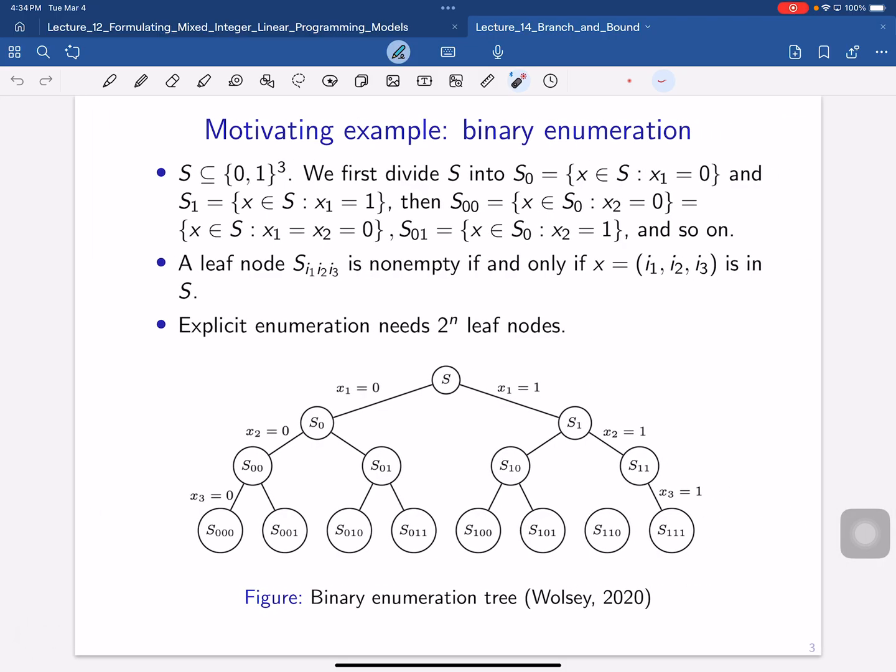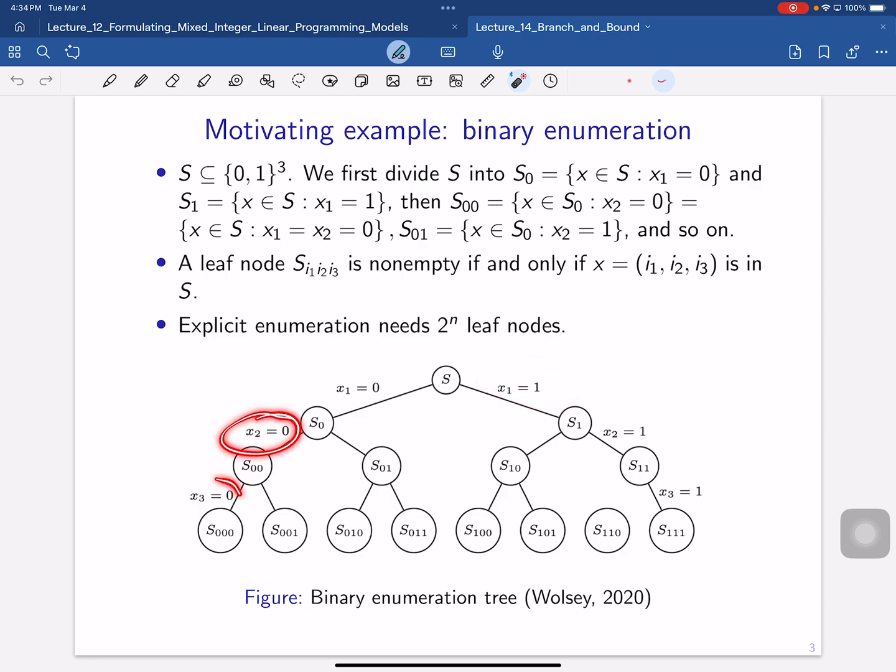Again, to solve a MILP, one naive approach is explicit enumeration. Suppose you only have 3 binary variables, then you could enumerate all the possible combinations of the binary variables. From the root node, you split into x1 equals 0 and x1 equals 1, and so forth.